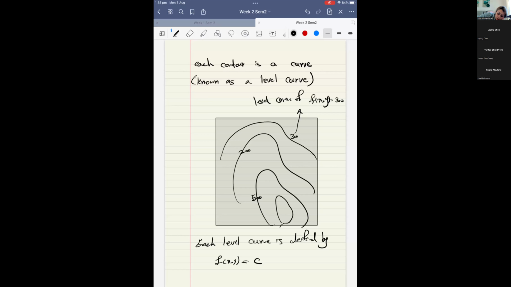Okay, now what about a function of three variables? Like an MRI scan, you can cut the input and put it into different levels.